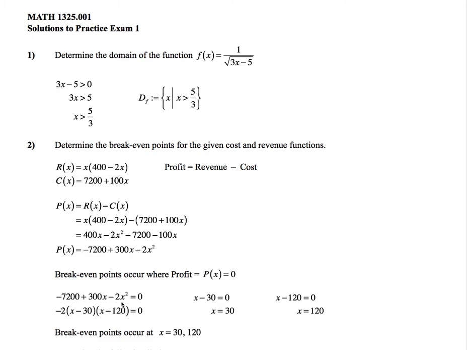So what would have been left, and I'm sorry I didn't type it out here, but what would have been left had I factored a negative 2 out of this function would be positive x squared minus 150x plus 3600. So you might want to write that down. X squared, positive x squared, minus 150x plus 3600.